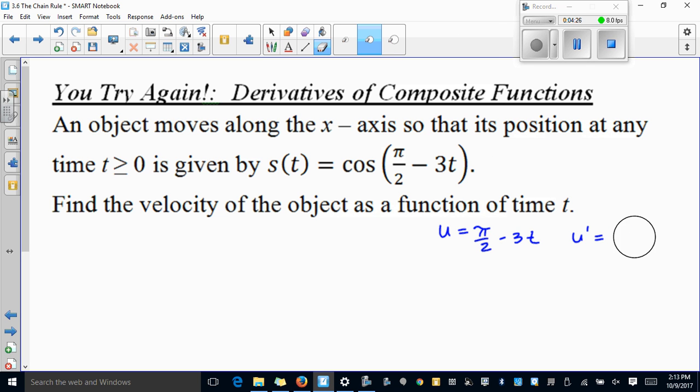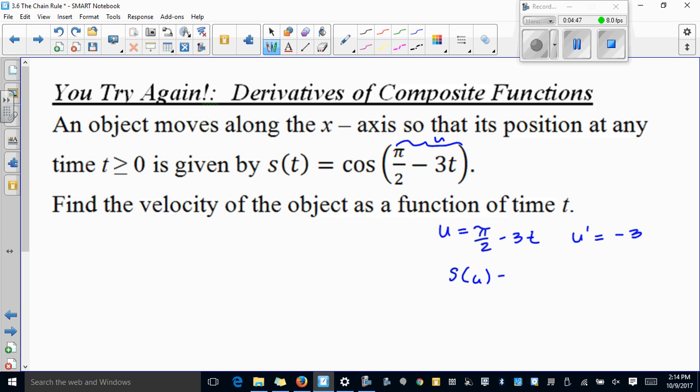And then s of u, because this is now u, is equal to cosine of u, and s prime of u would be negative sine of u. And our derivative with respect to t would be u prime times s prime of u.